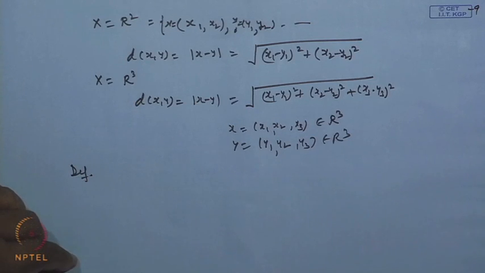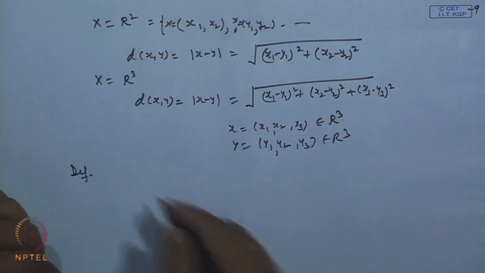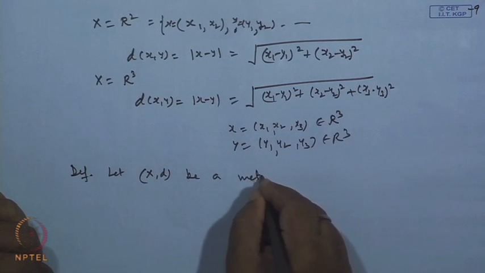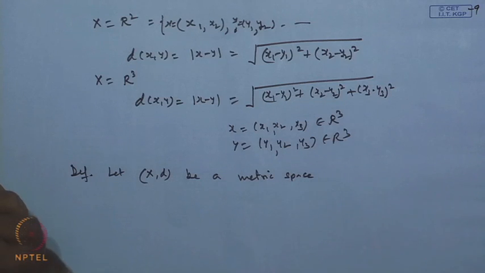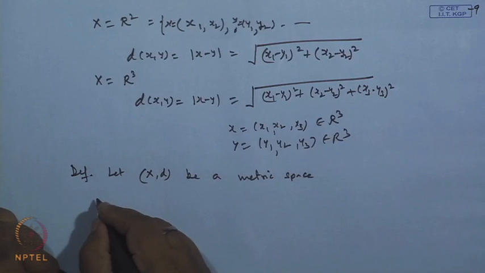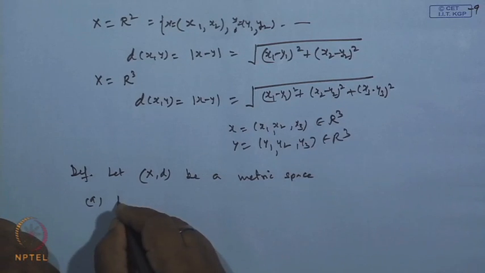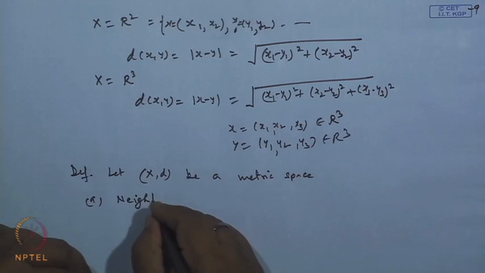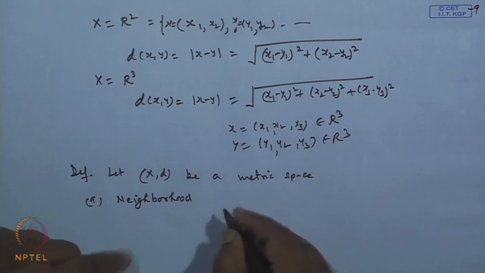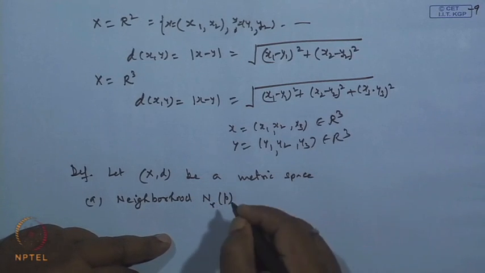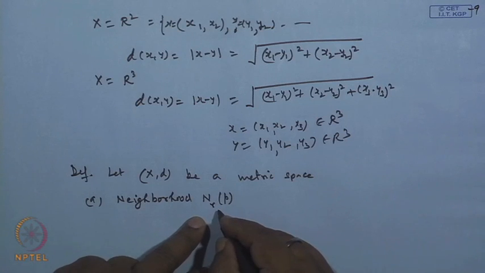So, we define. Let X, d be a metric space. And then we define like this. The first definition is the neighborhood, which we denote by N_r(P), that is, the neighborhood of a point P with radius r.